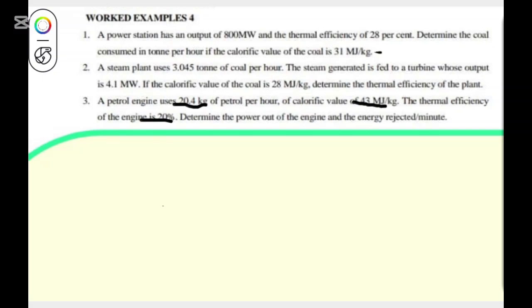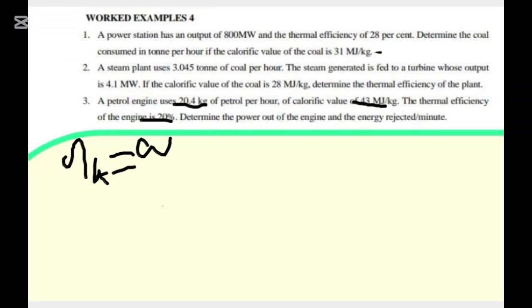We must use the thermal efficiency formula, which says W, the output, divided by Q. And we already have the fuel used, 20.4 kg, the calorific value, 43, and the efficiency, which is 20.